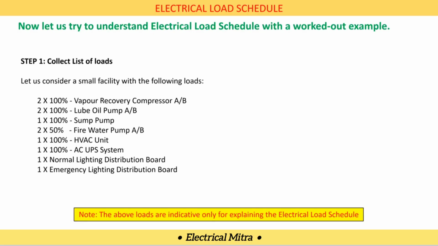Let us try to understand the electrical load schedule with a worked out example following the steps described in the earlier slide. To start with, we need to collect the electrical loads of the plant.